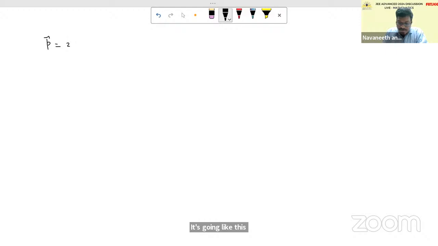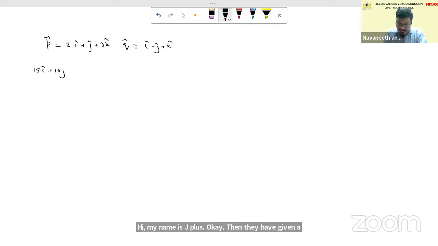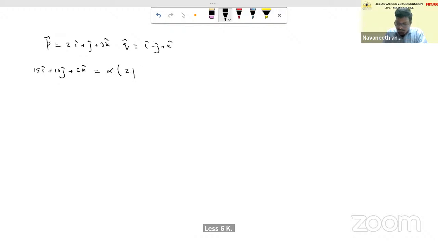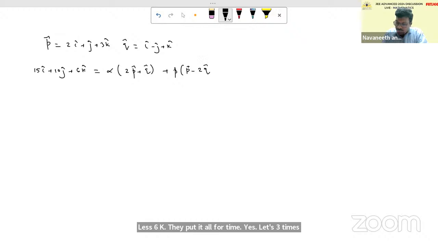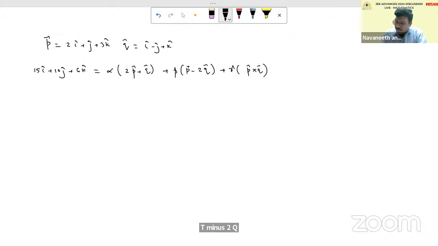The question is given like this. P vector is 2i plus j plus 3k. Q vector is i minus j plus k. Then they have given a condition that 15i plus 10j plus 6k equals alpha times (2p plus q) plus beta times (p minus 2q) plus gamma times (p cross q).